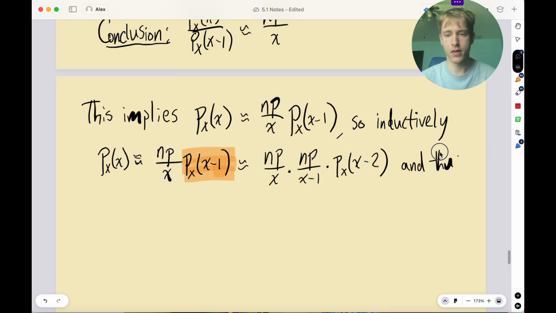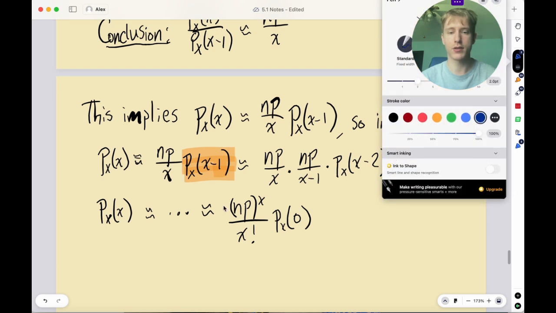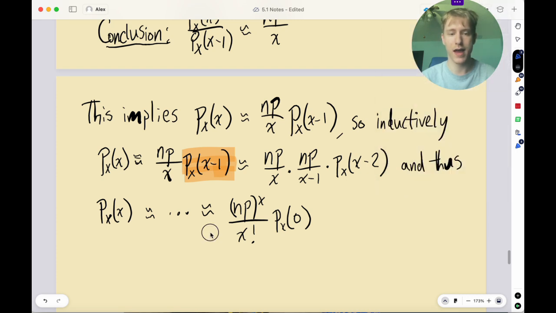And thus, if we continue this process, what we're eventually going to get is np to the x divided by x factorial times the probability of getting 0 successes. That's going to be another exercise where you just quickly verify that.